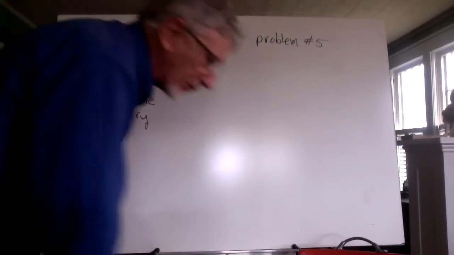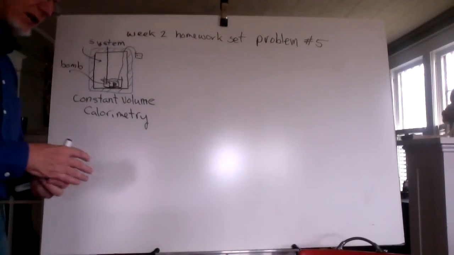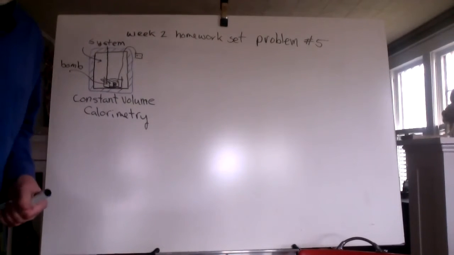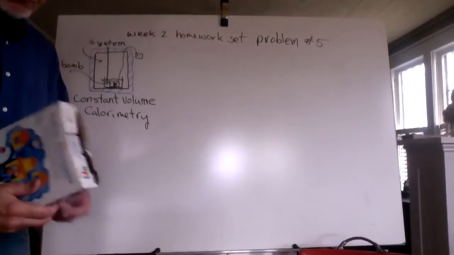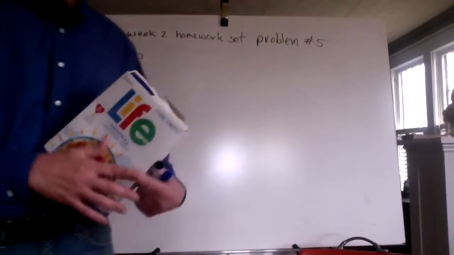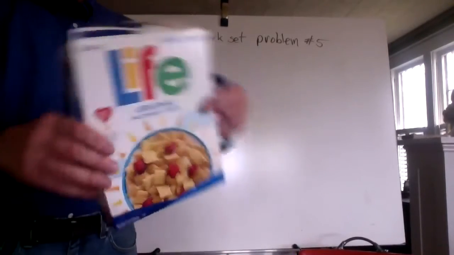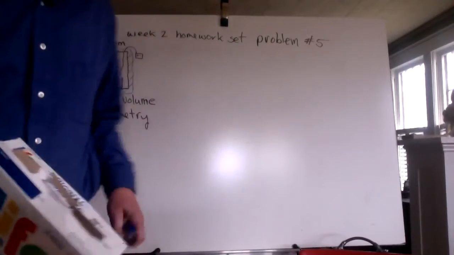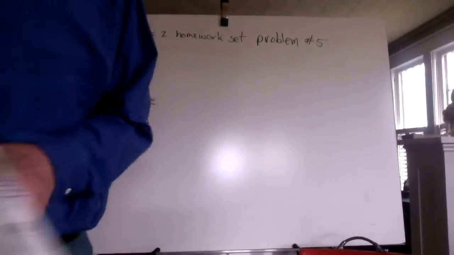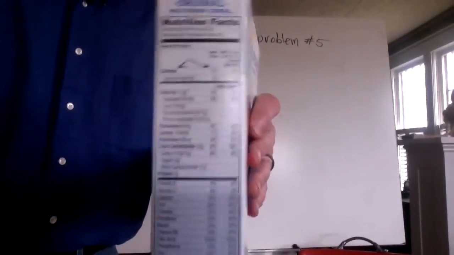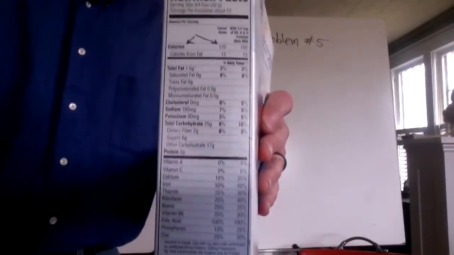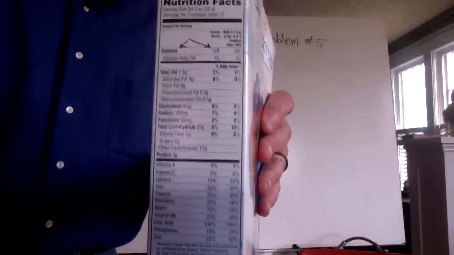What kind of reactions do we run in here? What kind of heat energy are we trying to measure? Often it is the heat energy associated with food products. Whenever you buy a food product, there's a label on it that identifies its energy content, its calorie content.